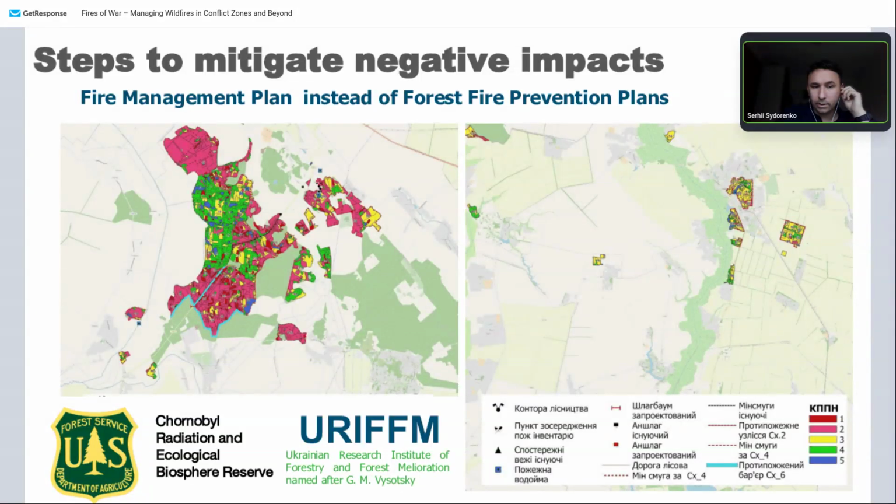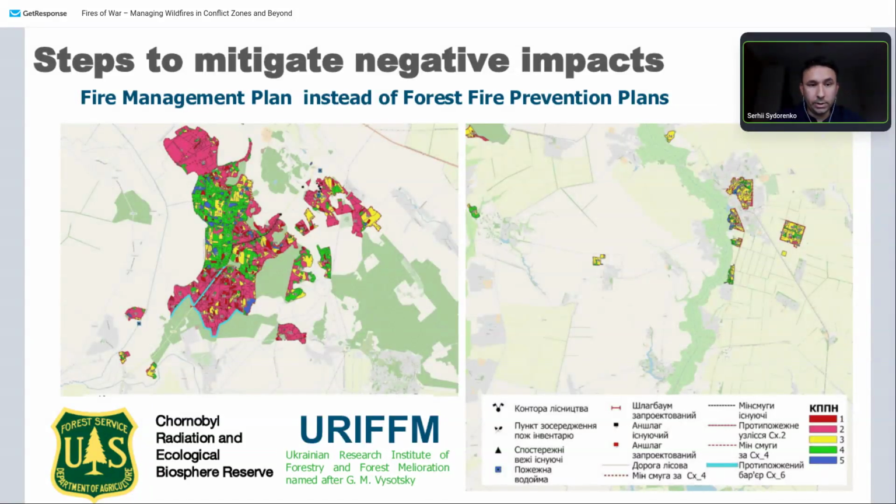I talked a little bit about this when I described the fire danger rating system for open landscape, and the same applies to planning. In Ukraine, in terms of fire prevention, we have 10-year plans: a forest management plan, but also a fire prevention plan, also for 10 years. Each forest enterprise in Ukraine has to have this plan.